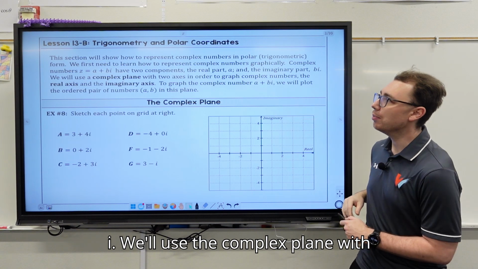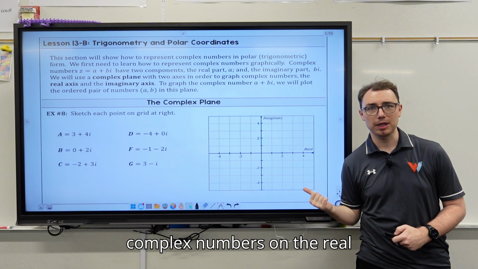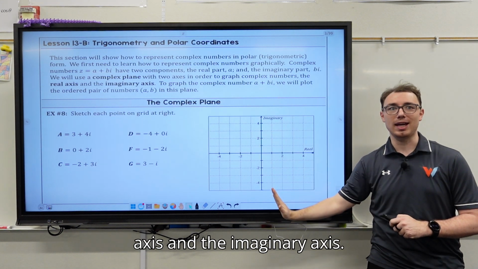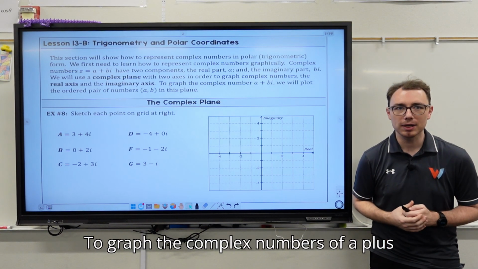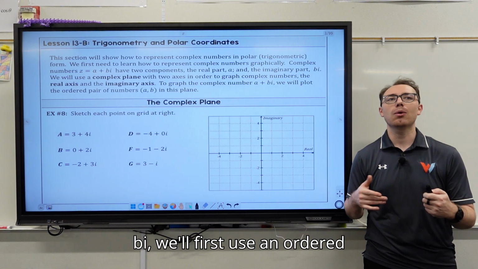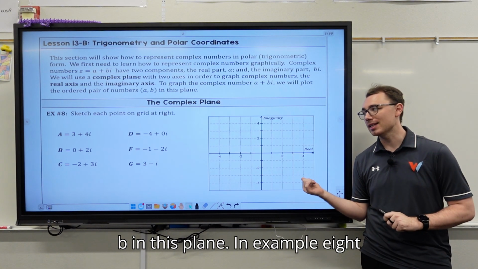We'll use the complex plane with two axes in order to graph the complex numbers, the real axis and the imaginary axis. To graph the complex number a + bi, we'll first use an ordered pair of those numbers, a comma b, in this plane.